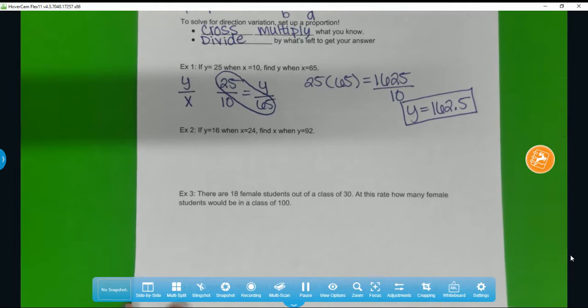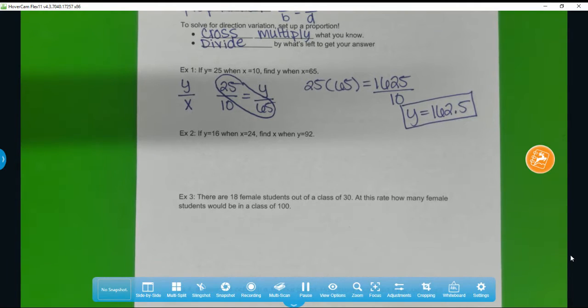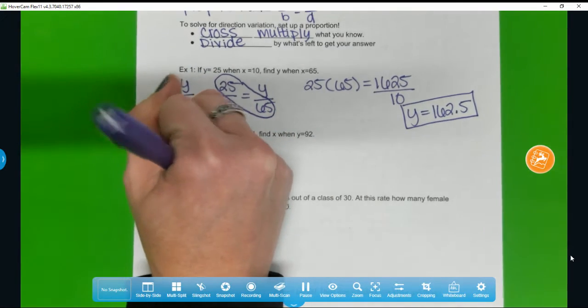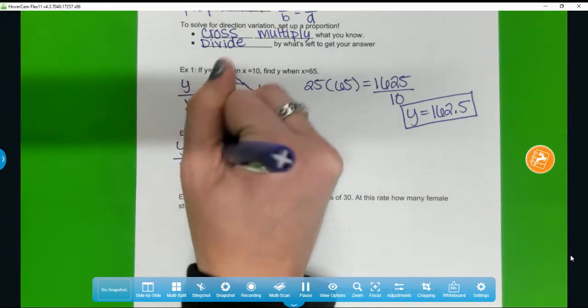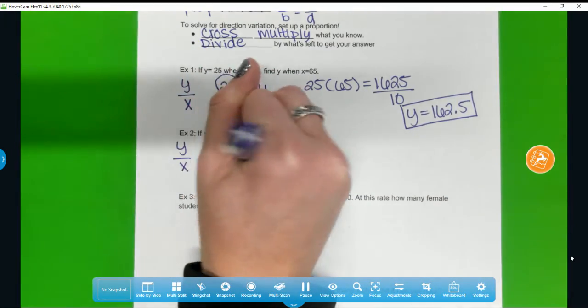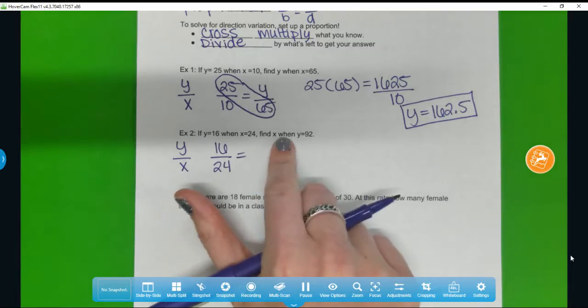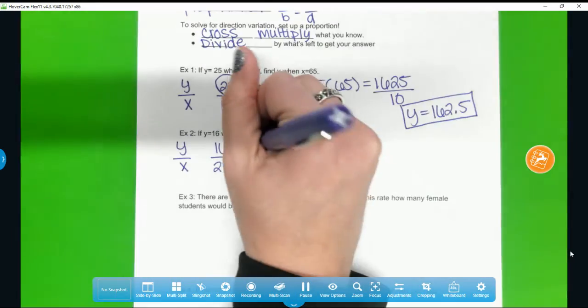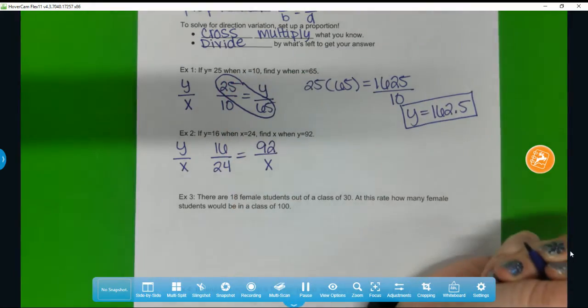Okay, example 2. If y equals 16 when x equals 24, find x when y equals 92. So same thing, I'm going to go y over x. So I have 16 over 24 equals, this time I'm finding x, so I don't know the bottom, when y is 92.